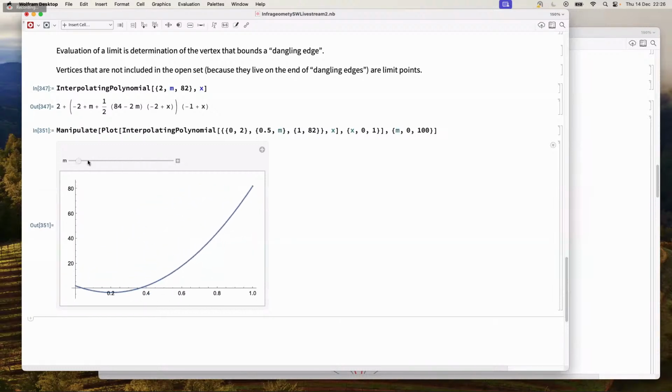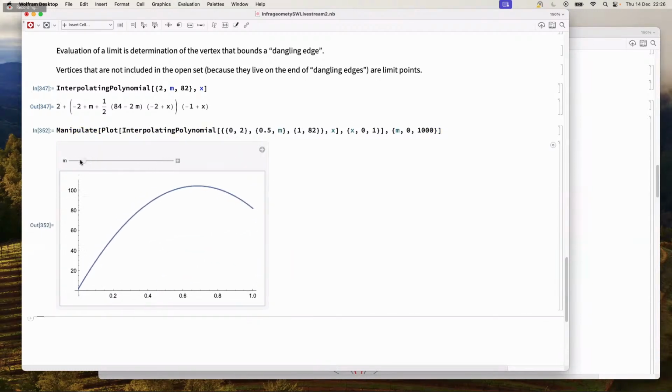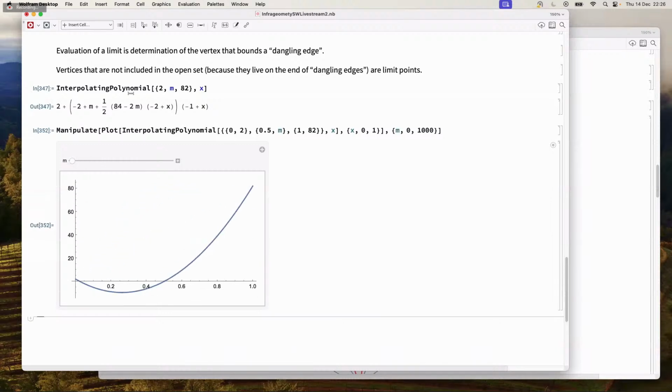Okay, so now we've got those things pinned at the end. Now there's a question of what the degree of that interpolating polynomial is. That one was of degree 3, but now what are you claiming here?